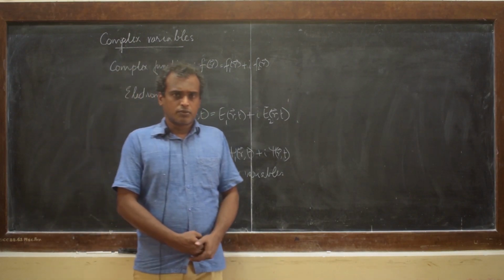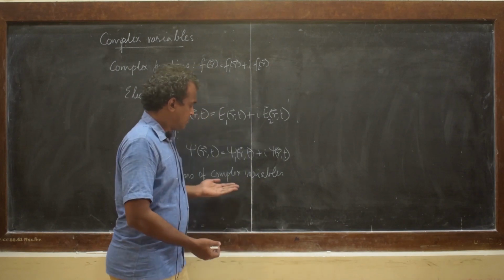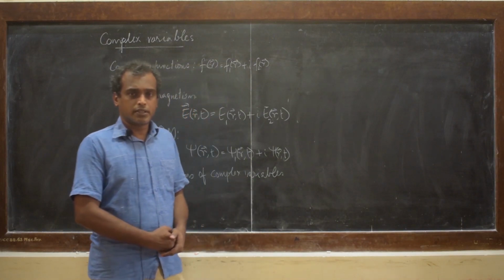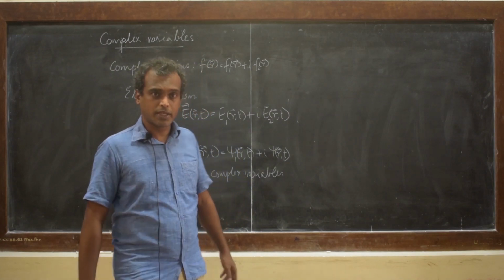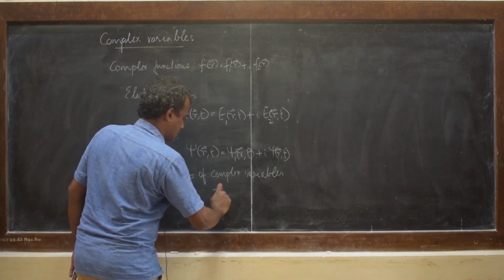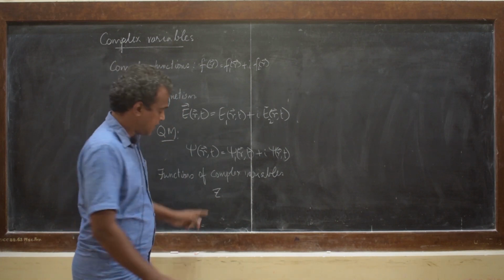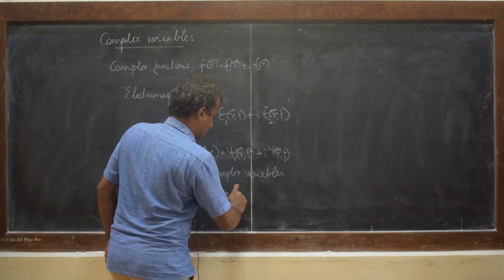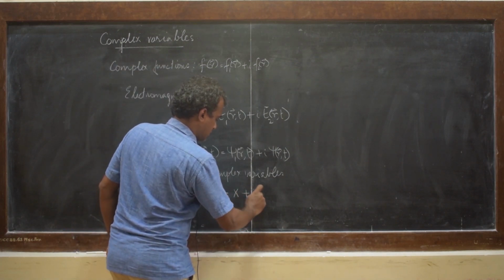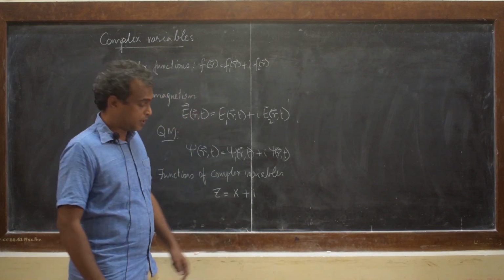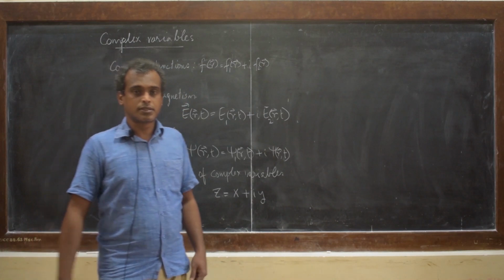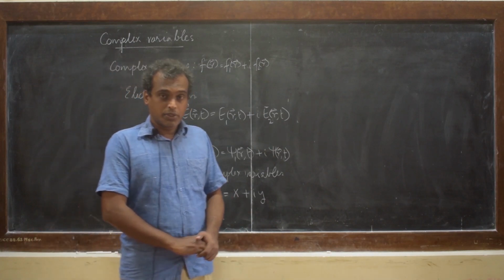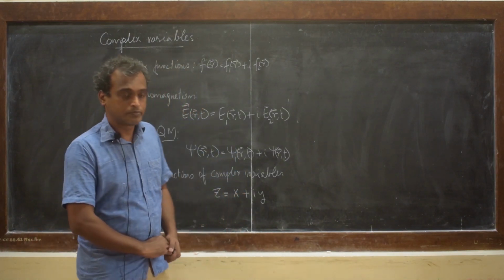And most of us are familiar with the idea of complex variables. It's basically a variable that has a real part and an imaginary part, very often denoted using the letter Z or W, and the real part of which is denoted using x, and the imaginary part of it is represented using the variable y.